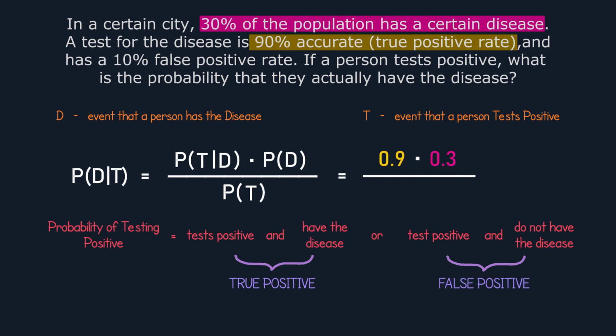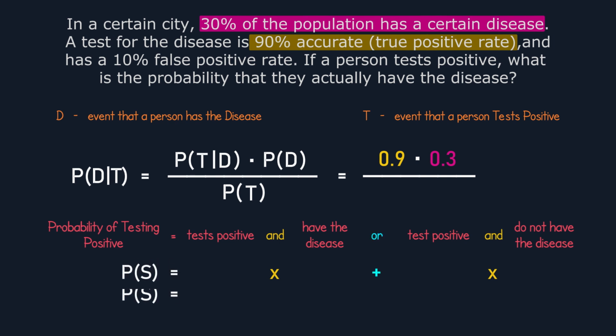So for the total probability of testing positive, we use the same rule. Whenever we see and, we multiply. And whenever we see or, we add. First, let's calculate the probability that a person tests positive and actually has the disease. That's the probability of having the disease, which is 0.3, multiplied by the true positive rate, which is 0.9.